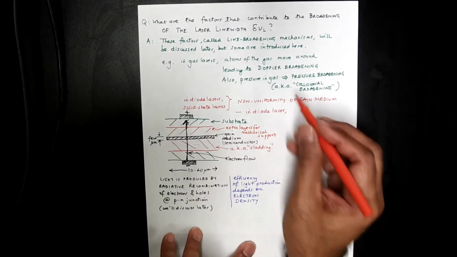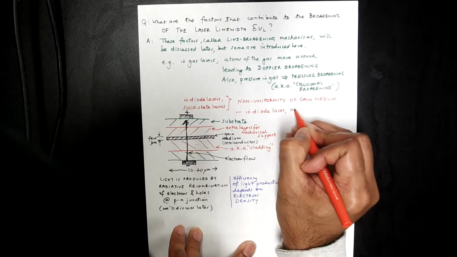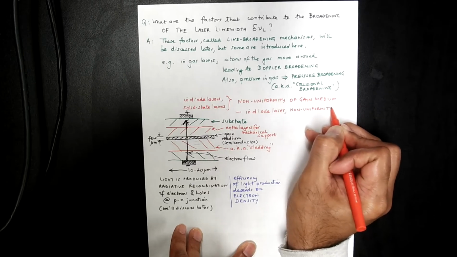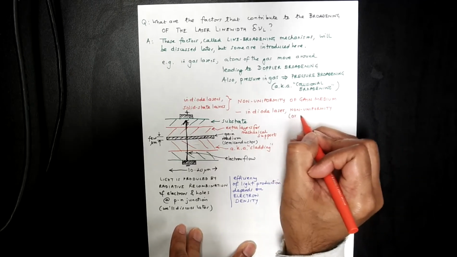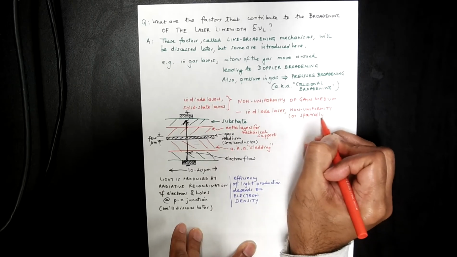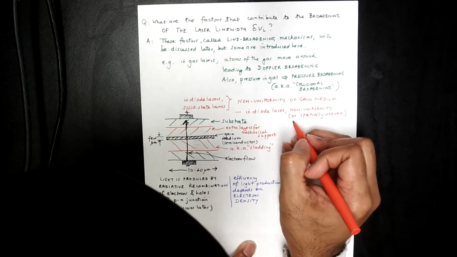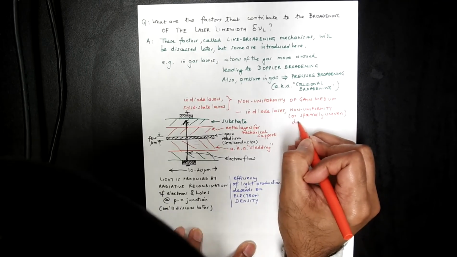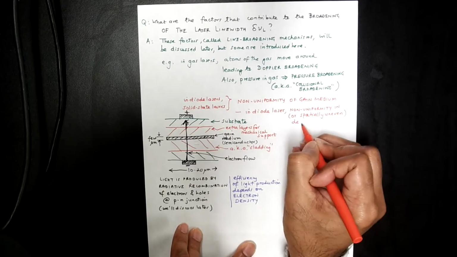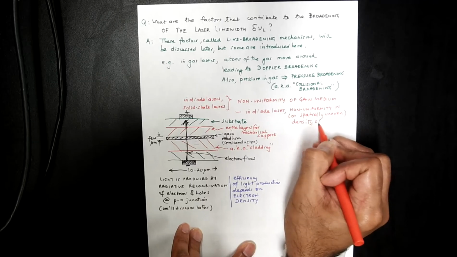the diode laser there is a non-uniformity, or spatially uneven density, non-uniformity in density of electrons.